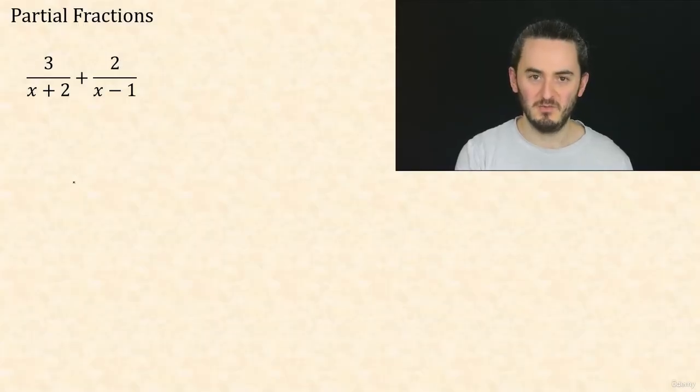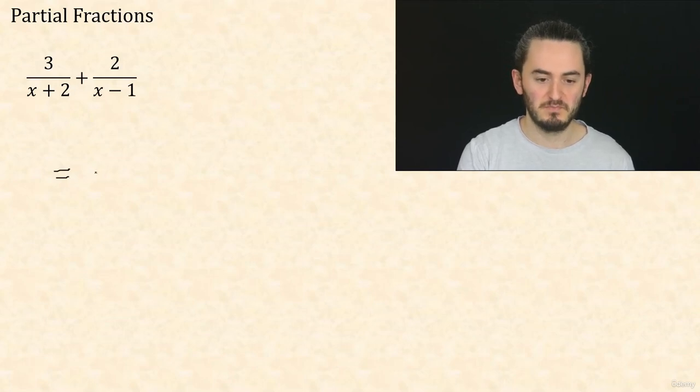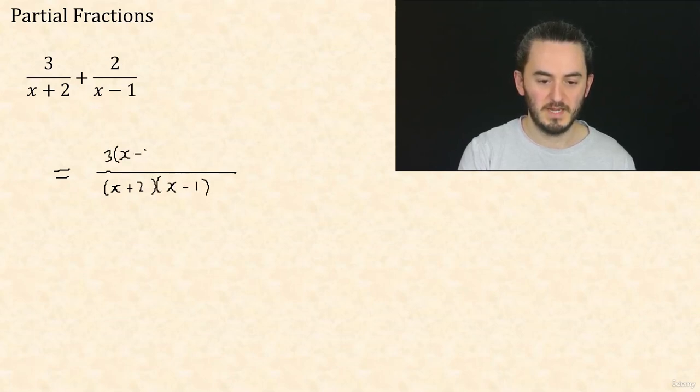Let's have a look. Before I tell you exactly what this topic is, let's start with something really simple. If I asked you to add these two algebraic fractions together, I imagine you'd be able to do it no problem. We would need a common denominator, and that would be x plus 2 multiplied by x minus 1, and then our numerator would be 3x minus 1 plus 2x plus 2.